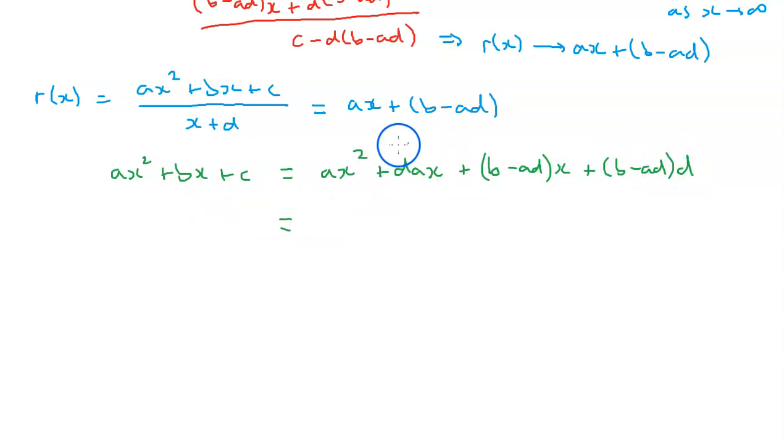And then we can cancel the ax squareds from both sides, and then there's also a dax minus adx, so we can cancel that. So we're left with bx plus c. Well, I guess we can also cancel the bx's. So we just have c on this side, and then on the other side we have bd minus ad squared.